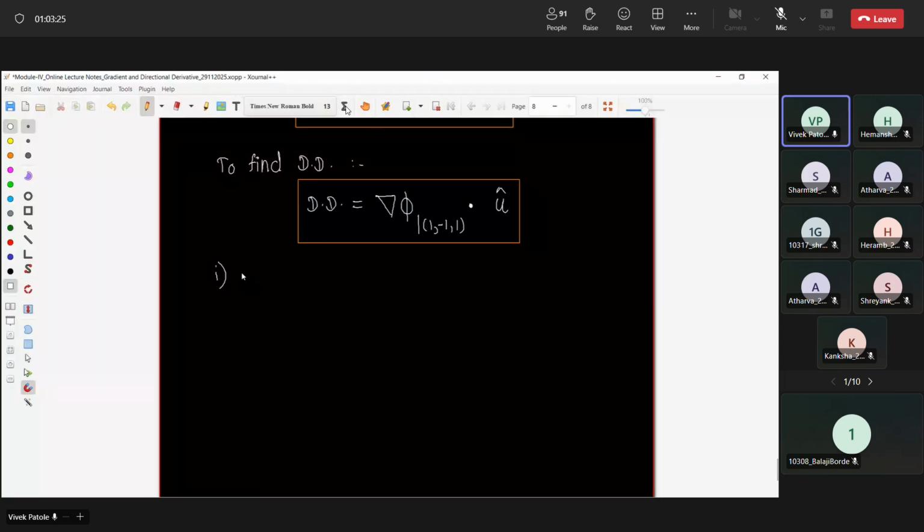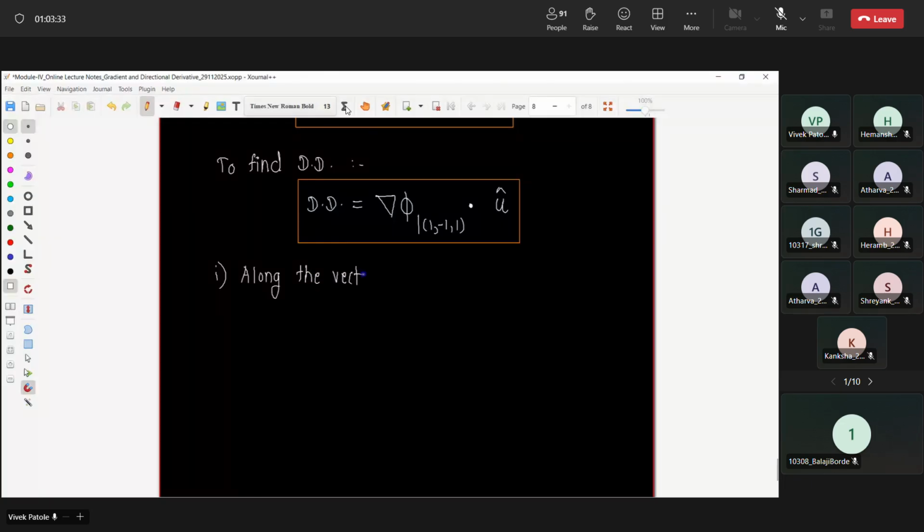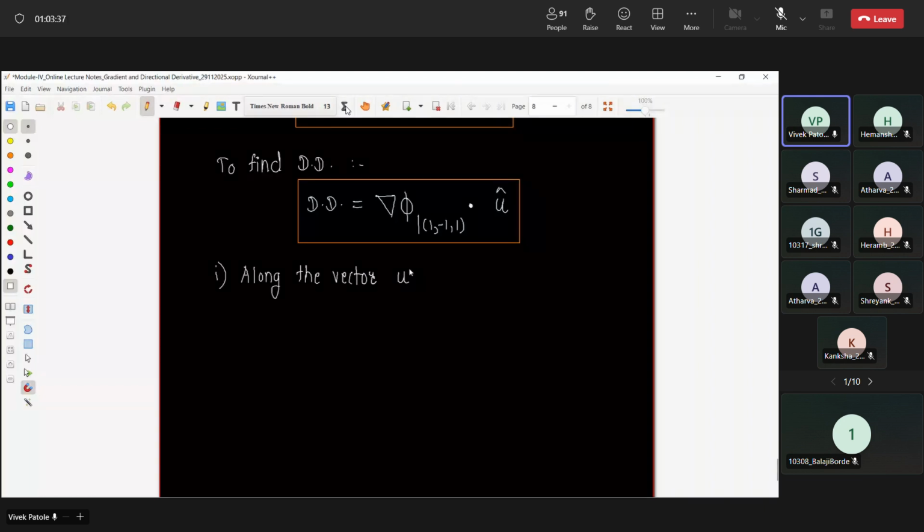First, along the vector u bar is equal to... whenever they say vector, you have to consider it as u bar, and then we need to obtain its unit vector u cap.